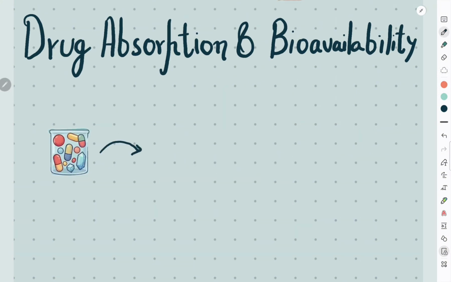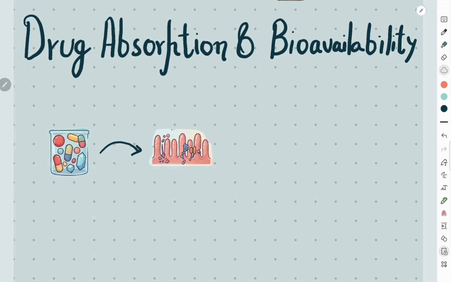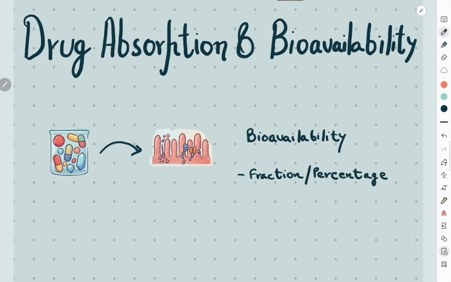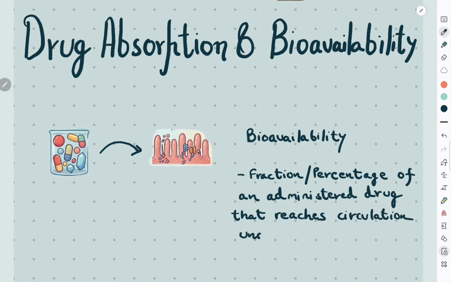Once a drug is absorbed from the gastrointestinal tract, it faces a massive anatomical hurdle known as bioavailability, which is written as the letter F. Bioavailability is defined as the fraction or percentage of an administered drug dose that reaches the systemic circulation completely unchanged.